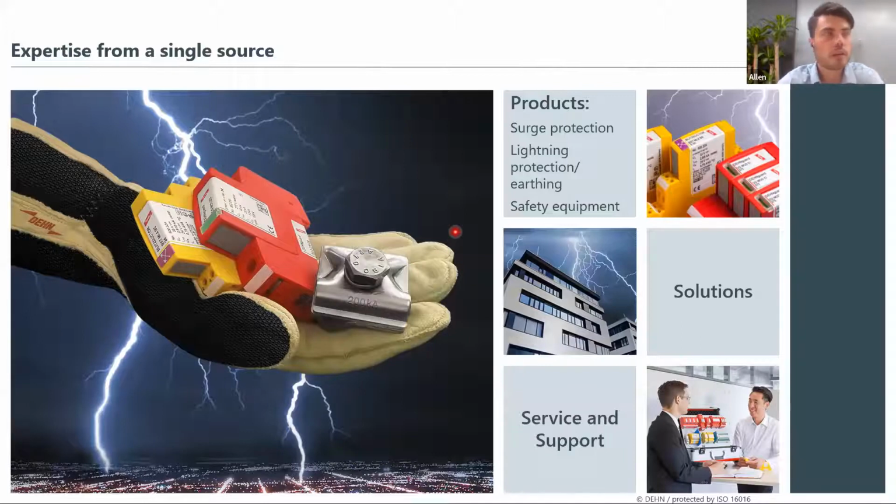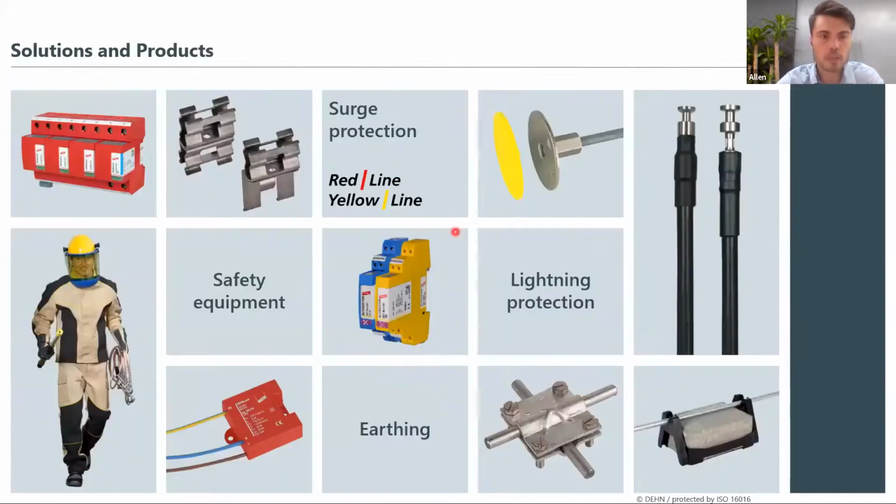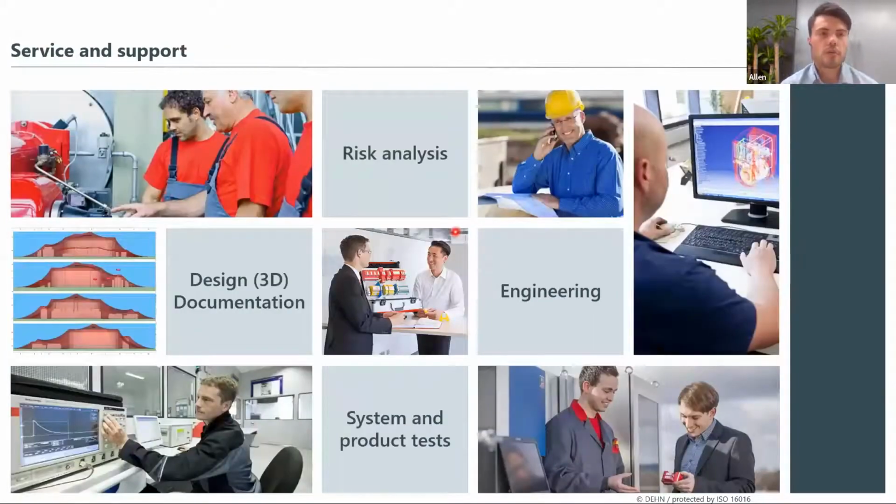That includes your air termination rods, your finials, and your earthing systems. So basically, DEHN is not only a manufacturing company, we also have an engineering department where we do designs and risk assessments.